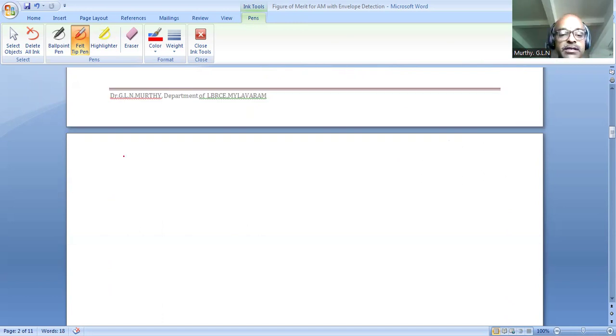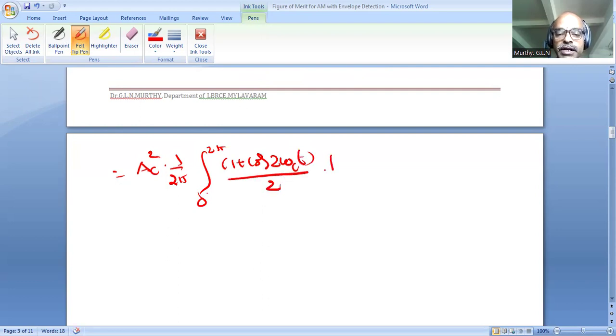What is cos square theta? Cos square theta equals 1 plus cos 2 theta by 2. So Ac square into 1 over 2 pi, integral 0 to 2 pi, 1 plus cos 2 omega Ct by 2 dt.